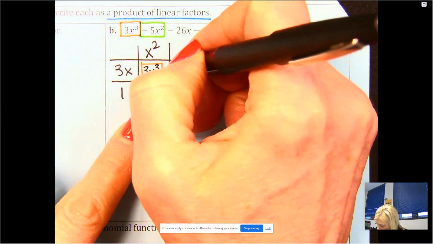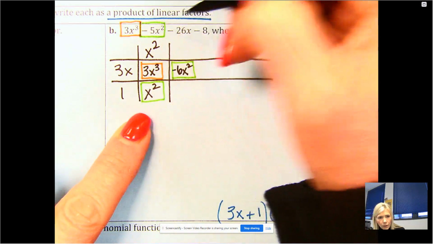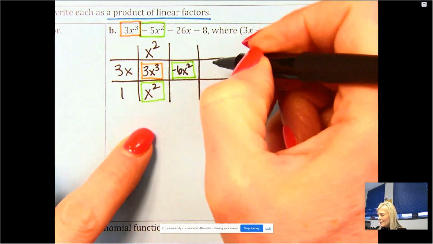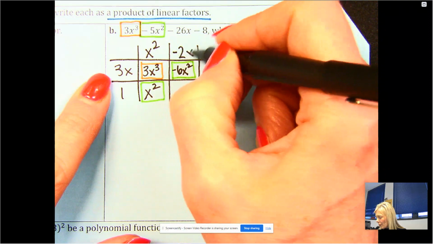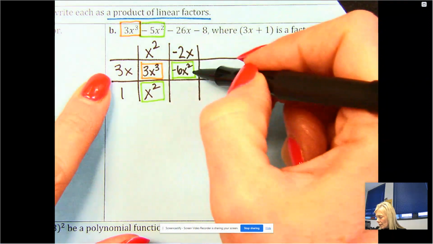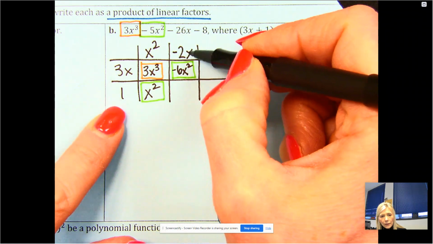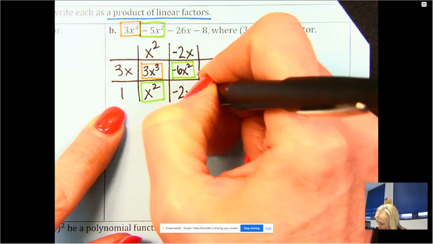We have to take away 6x squared to total negative 5x squared. And so that means negative 2x goes up here. Negative 2x times 3x is negative 6x squared. And then negative 2x times 1 is negative 2x.